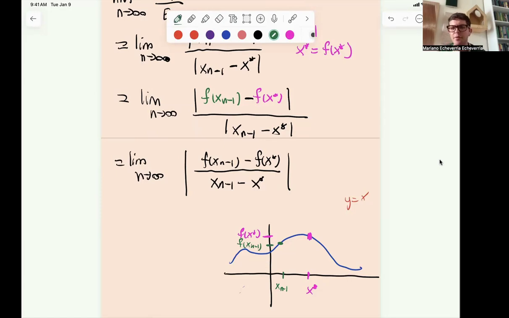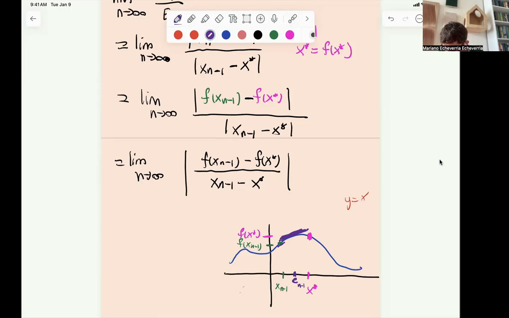Okay, so if you remember what the mean value theorem says, there is a point between these two points, it doesn't matter which one is to the left of the other, where the value of the derivative at that point is the same as the mean value of the function.